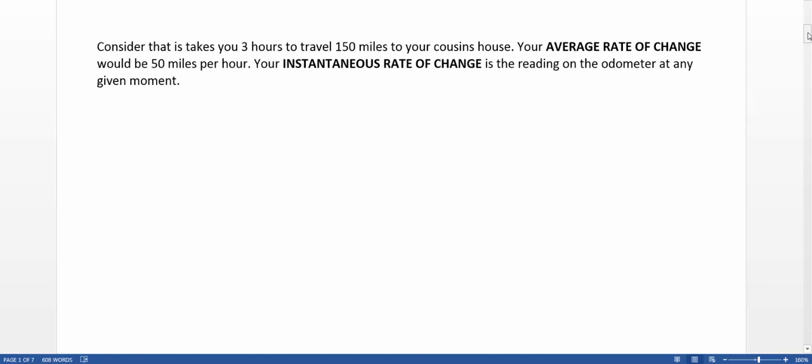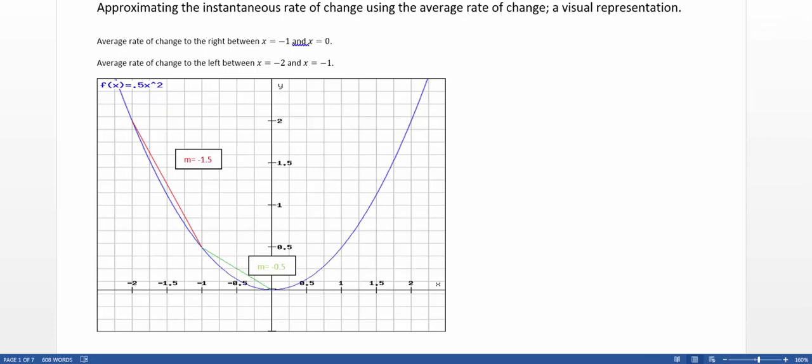So we're going to start with a visual representation of this, using average rates of change to approximate instantaneous rates of change. The example that we're going to use to motivate and visualize what's happening is the function 0.5x squared, which is the blue graph given below. Now, in this particular example, we want to try to approximate the instantaneous rate of change at -1.